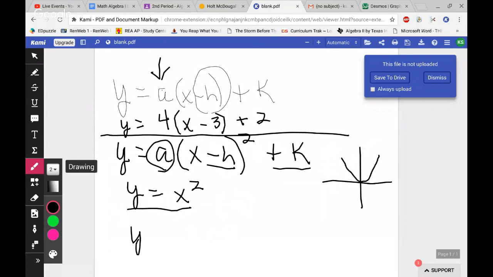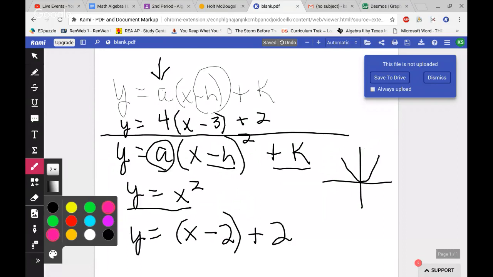Now, if we adjust this ever so slightly and say, okay, x, we're not even going to do anything with the a yet. Ever so slightly, we're going to move it right 2, and then go up 2 on the y-axis. So it's going to move it from here to, it's going to go right 2 over 2.